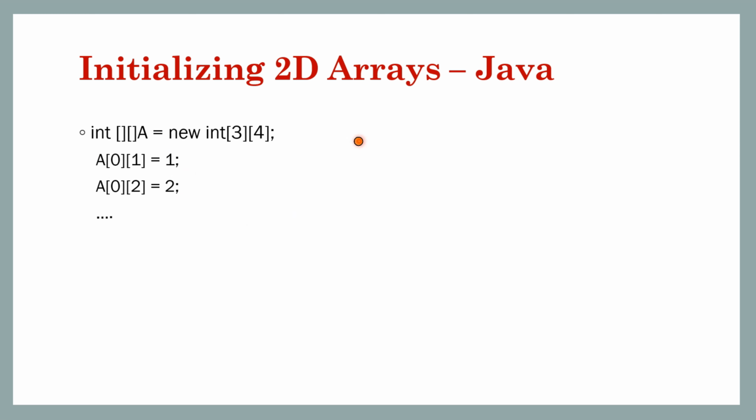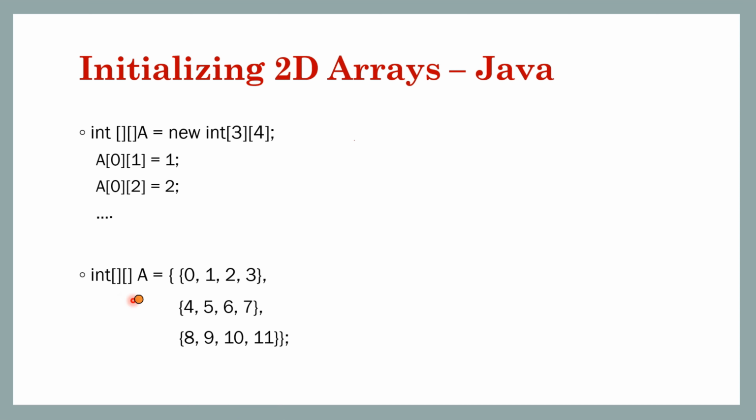You will run a for loop for int i equal to 0 to whatever is the row number minus 1, and within that a nested loop for column number equal to 0 to whatever is the column number minus 1, and then if it's a continuous value, you can add a counter, count plus plus, and that array will be initialized.